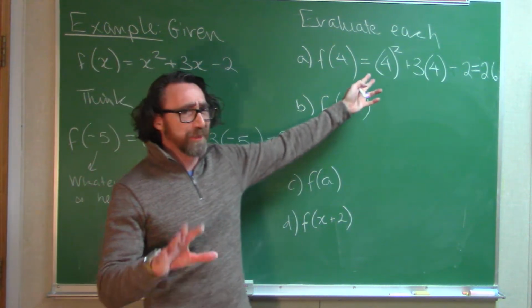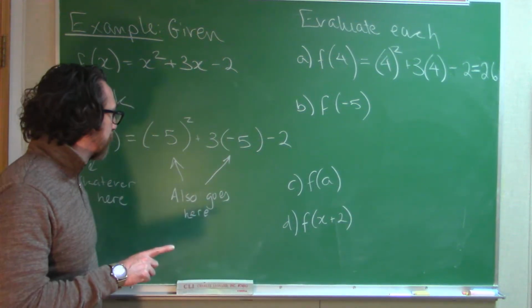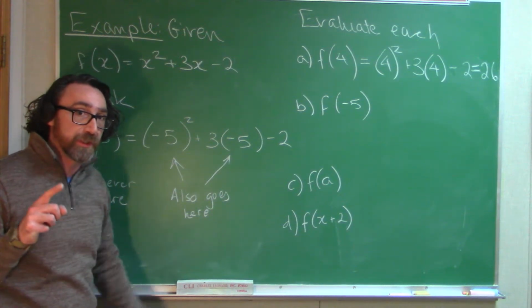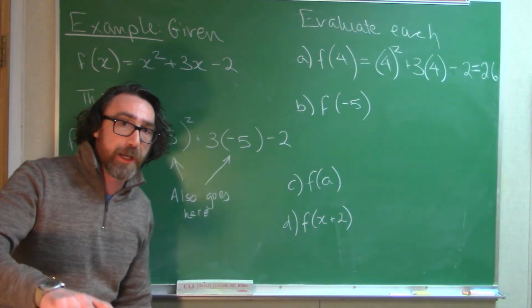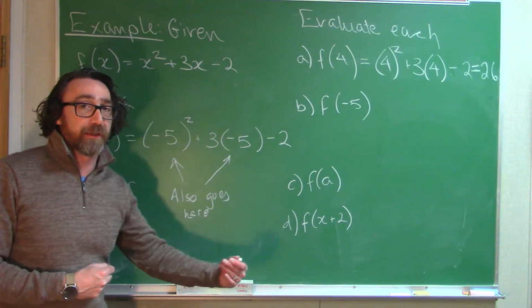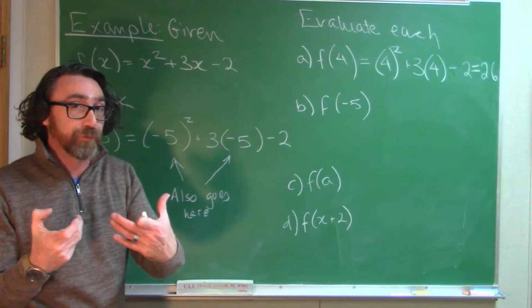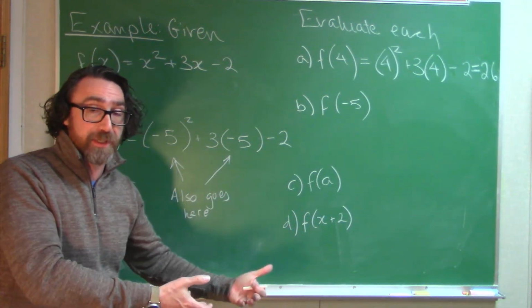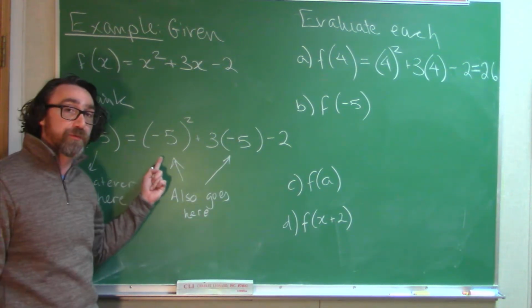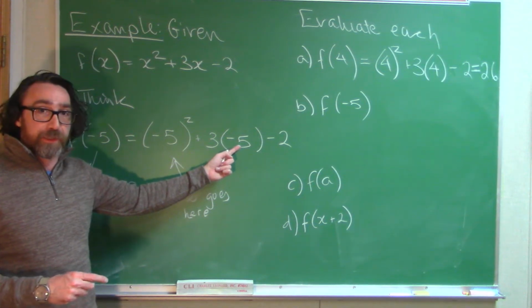Okay, let's think about what would happen if I put a negative 5 into this function. Now in this first example, I didn't really need the parentheses. Here the parentheses actually help a lot. We have to take the instructions literally. Negative 5 squared means negative 5 times itself. Negative 5 times negative 5, well, if we multiply 2 negatives, our result is a positive. So you get a positive 25, minus 15.